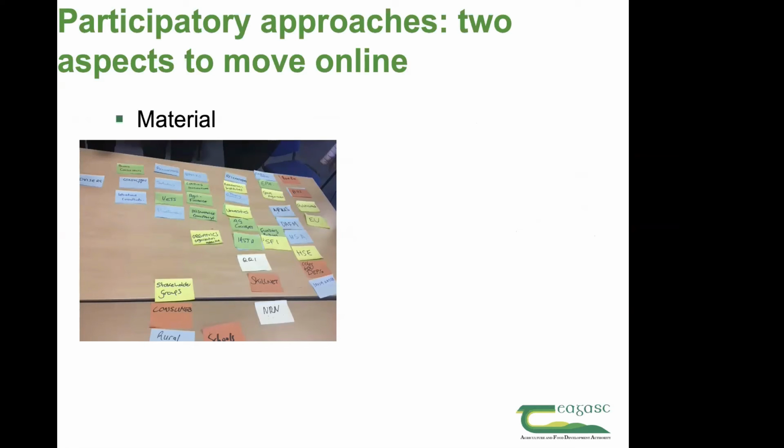The first is we use certain materials in participatory work. They're very simple materials because they must be. Everybody must be comfortable using them, such as sticky notes or post-its, as we tend to call them in Ireland, and markers where people might just write one or two words. That is the only thing they must do. People generally find that quite comfortable.